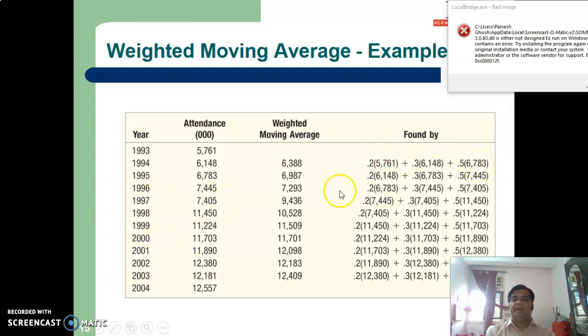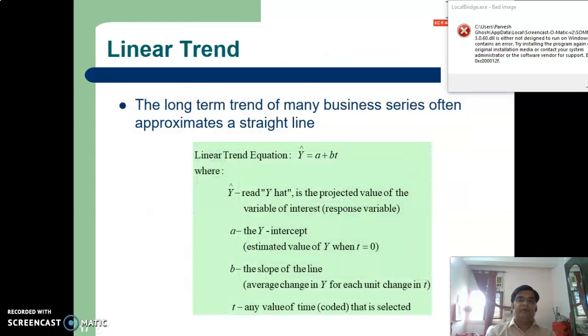And we have taken this sum. This is the weighted moving average for the year 94. In this way we have calculated. For 95 we will take the years 94, 95 and 96, and we will take the weighted moving average. So in this way we have calculated the weighted moving average.